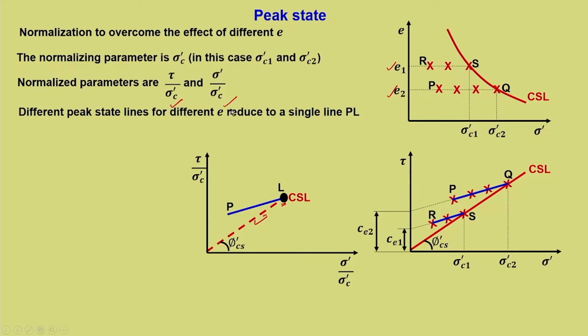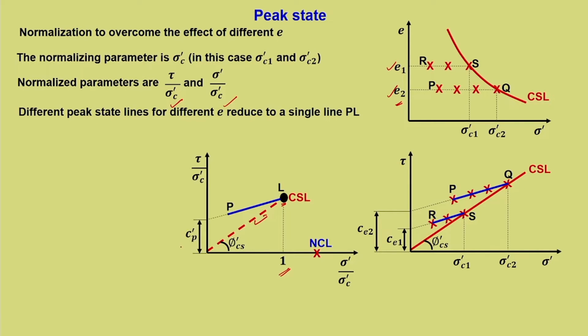Now, the effect of E1 and E2 goes away. Whatever we have got as PQ and RS, it all merges to PL. All the data points will be on this line because of the normalization. We have seen that this is 1 and NCL is a point on the x axis.